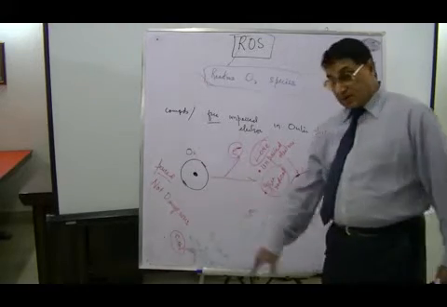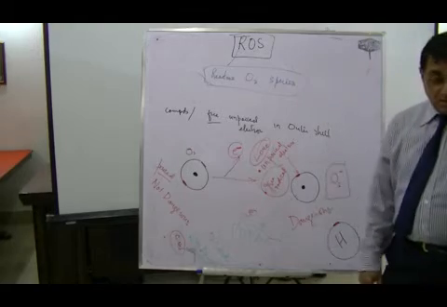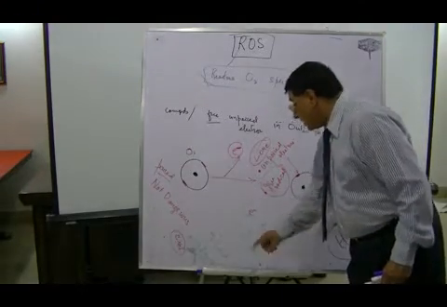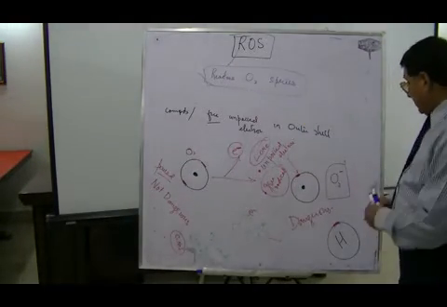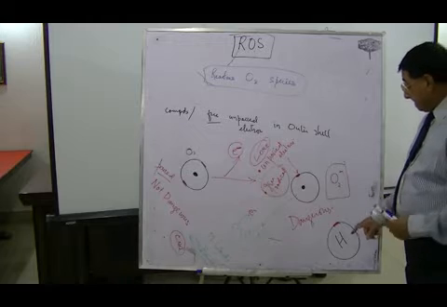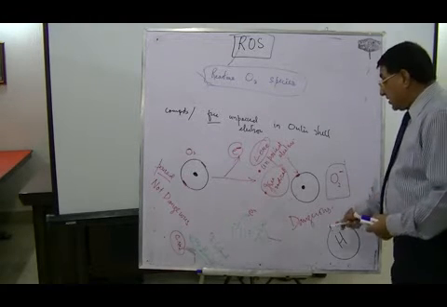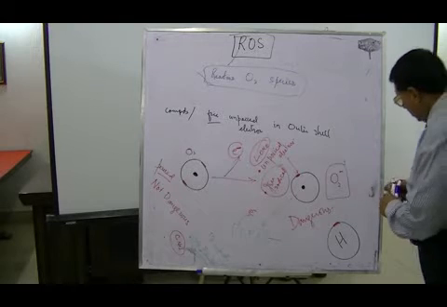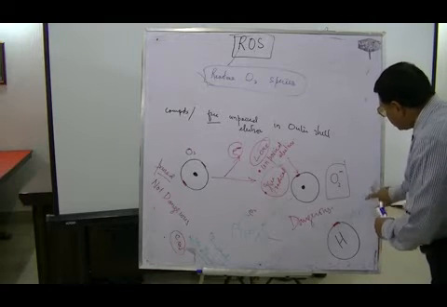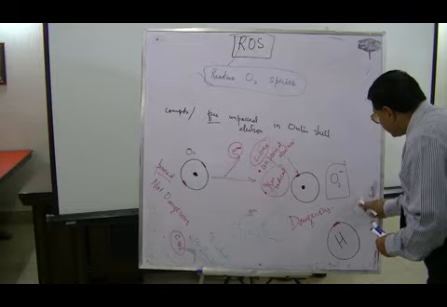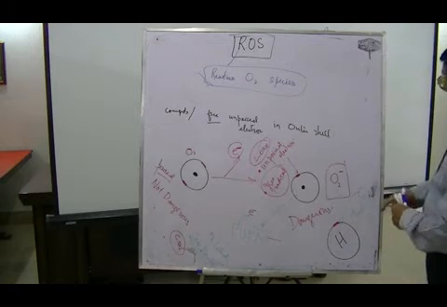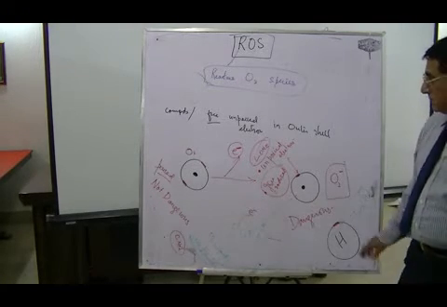It would attack another chain of fatty acid and again convert it into a radical, and this chain reaction goes on till in the end it is provided by one electron from the hydrogen from, for example, tocopherol, vitamin E. So this H is attached over there to the PUFA and provides the electron to quench its thirst, and then the reaction stops.